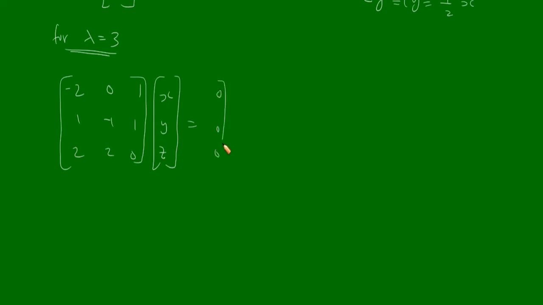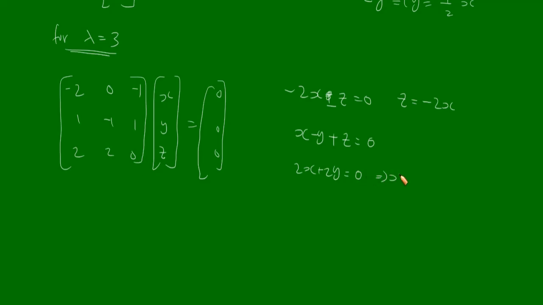Now if we expand these equations, the first equation will give minus 2x minus z equal to 0. So z will be equal to minus 2x. The next equation will be x minus y plus z equal to 0, and the last equation will be 2x plus 2y equal to 0.